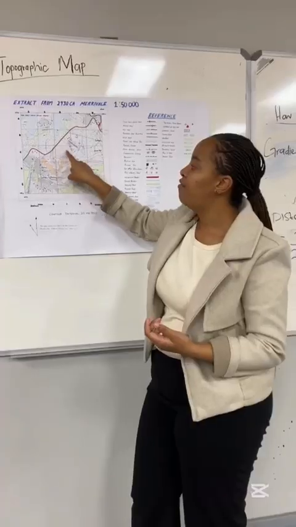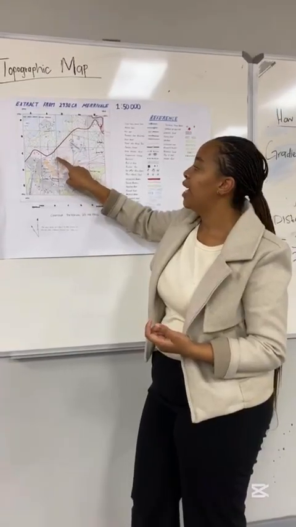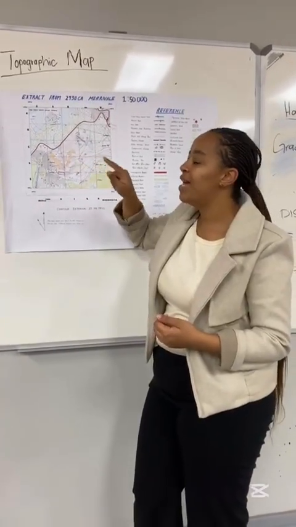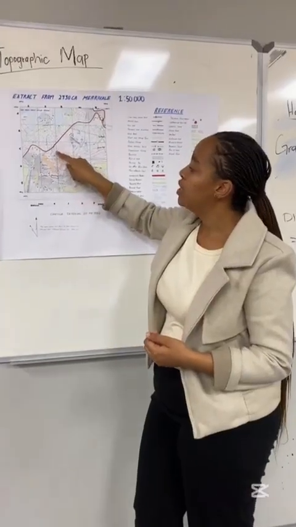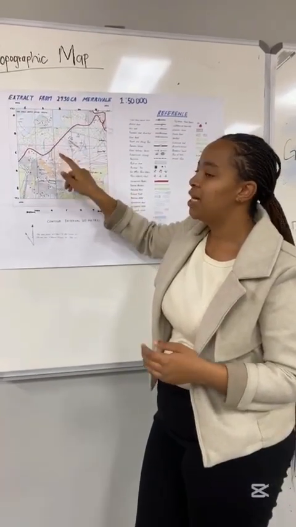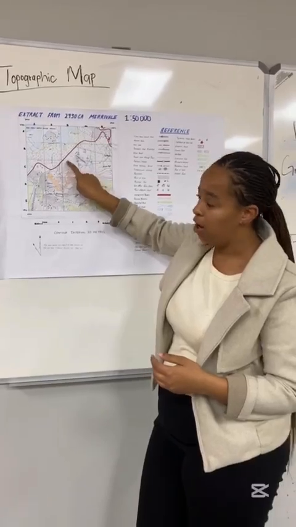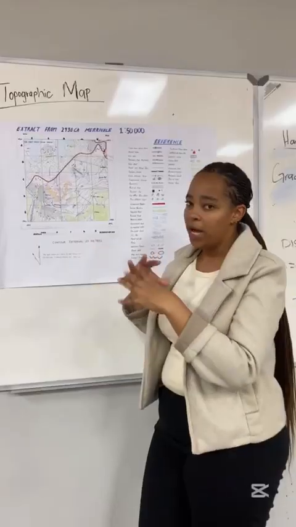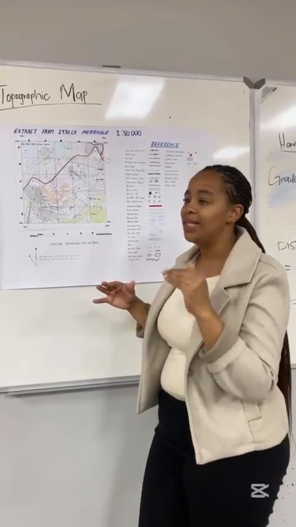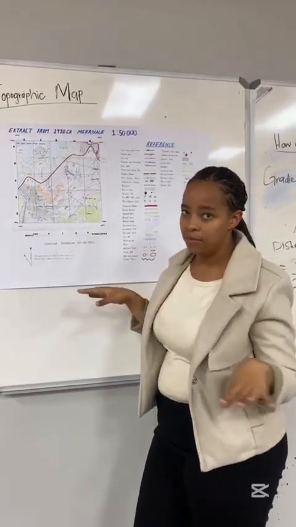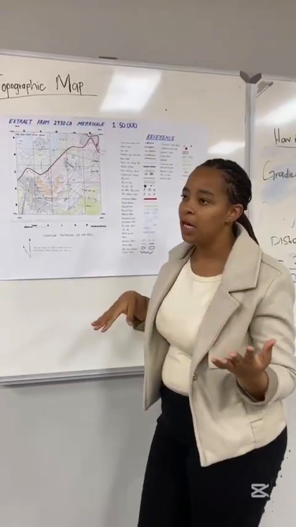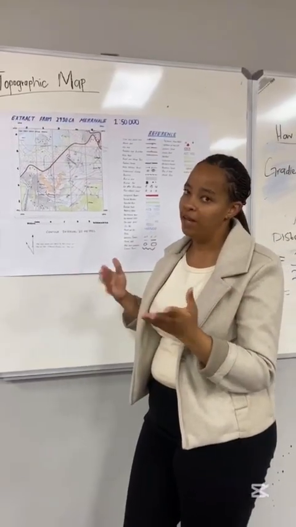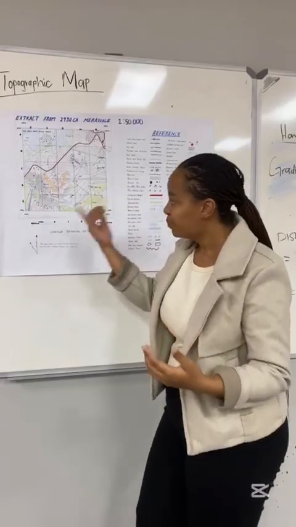Looking at our flat top hill, we can identify that the top is flat by reading our contour lines and seeing that towards the center, they are spaced widely apart. That indicates that the top is very flat, which means that it might be a plateau, which is a type of landform.